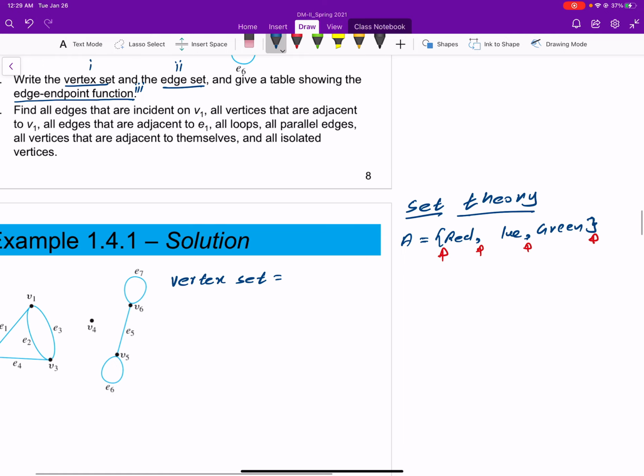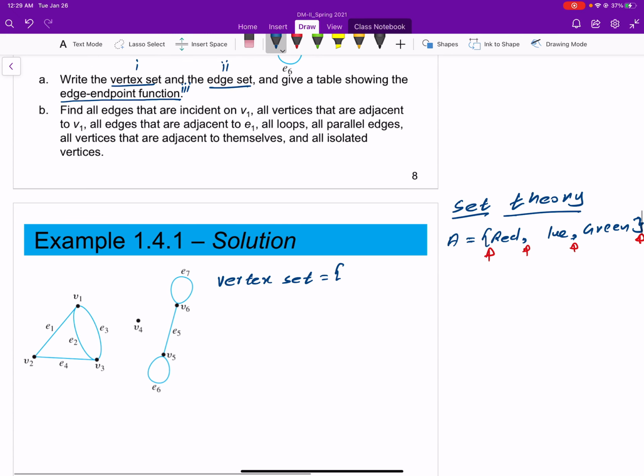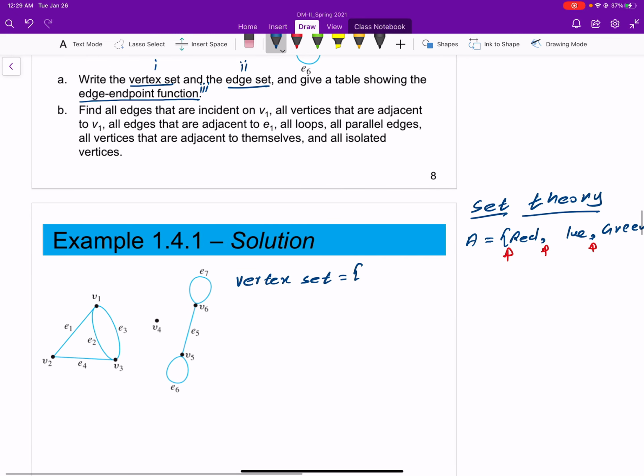Now for the vertex set, I put an equal sign and then start a curly bracket, and then list the vertices. The vertices are the dots.